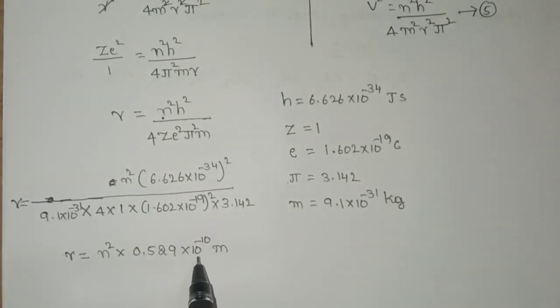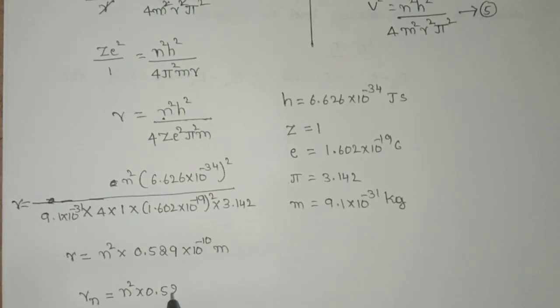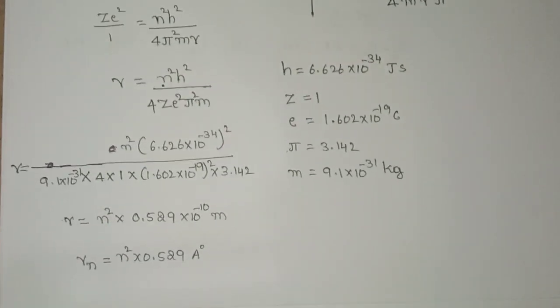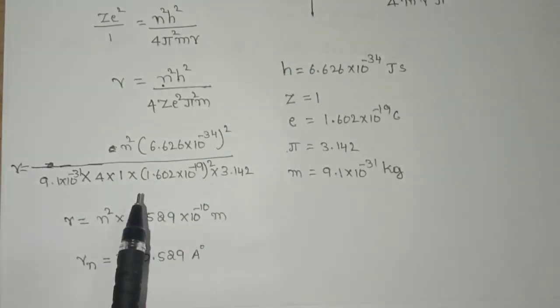But we know that 10 to the power of minus 10 meters is an angstrom unit. So r n equals n square into 0.529 angstrom units. Or you can do much more simplification on this equation for hydrogen like species. For hydrogen atom, the value of Z is taken equal to 1.